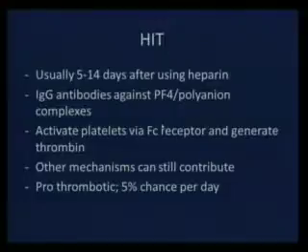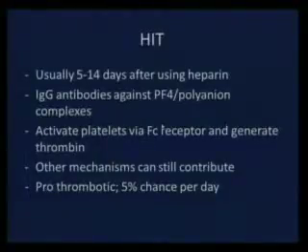5 to 14 days after using heparin, IgG antibodies are assayed. They are against the antiplatelet factor 4 or polyanion complexes. They activate platelets via Fc receptor and they generate thrombin. So that's the reason why it's prothrombotic, right?